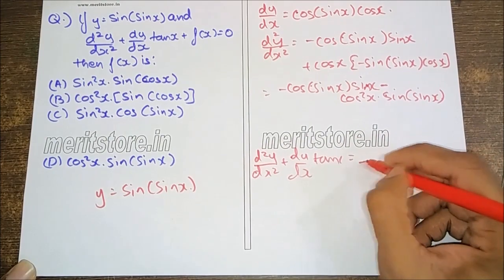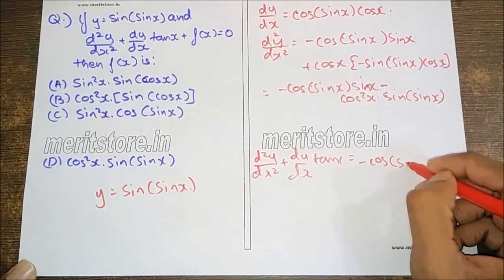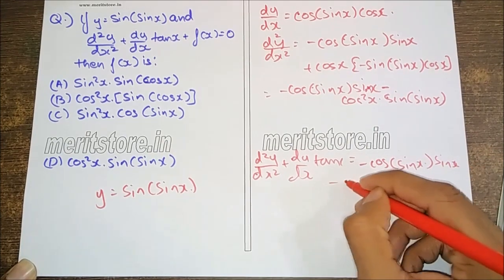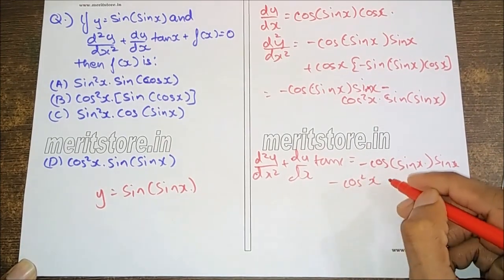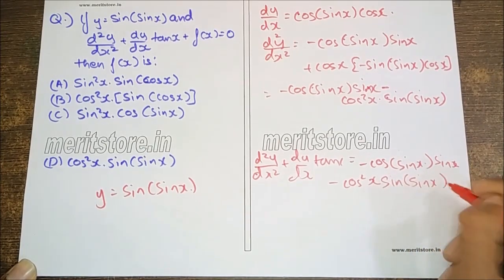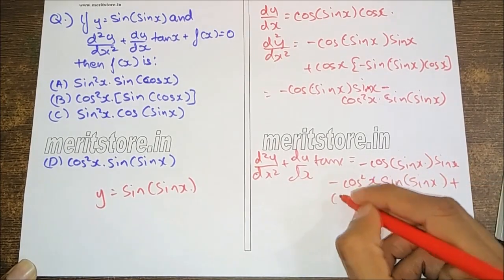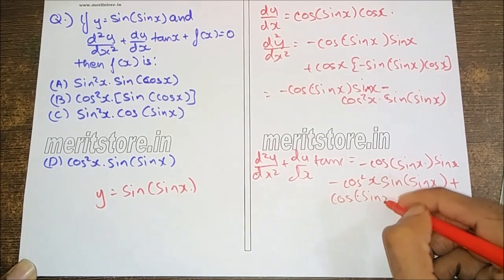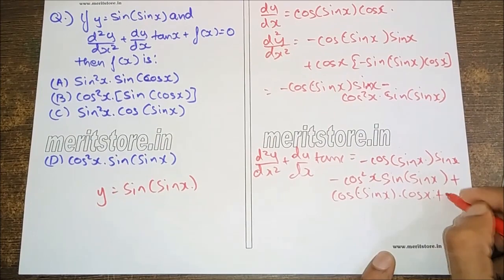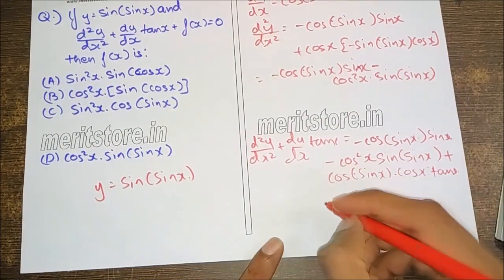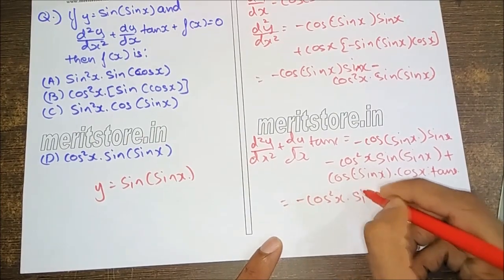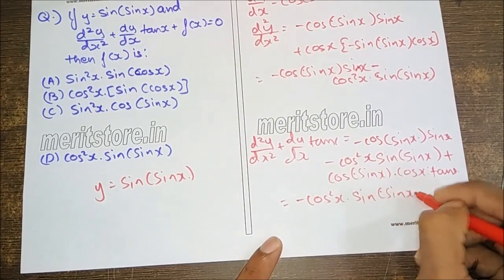We get minus cos sin x into sin x minus cos square x sin x plus cos sin x into cos x into tan x, which is equal to minus cos square x into sin x.